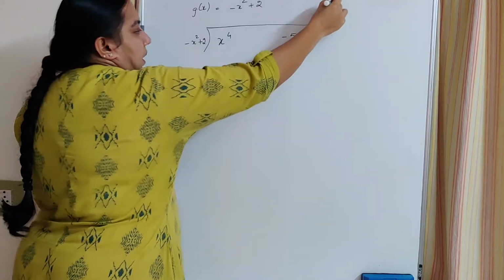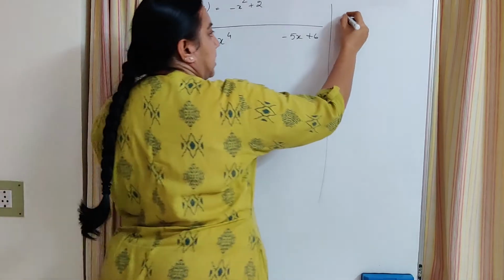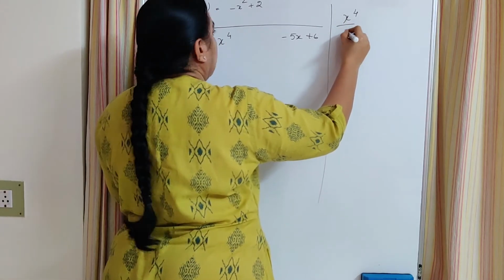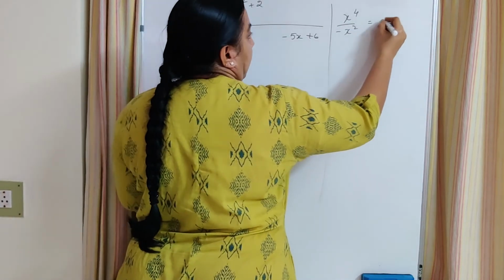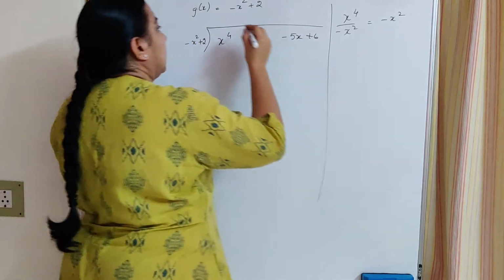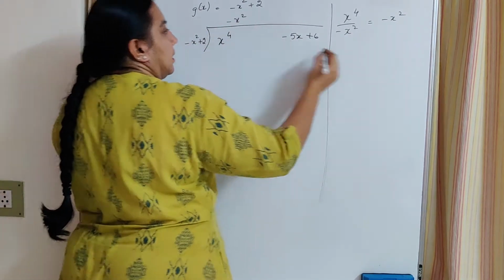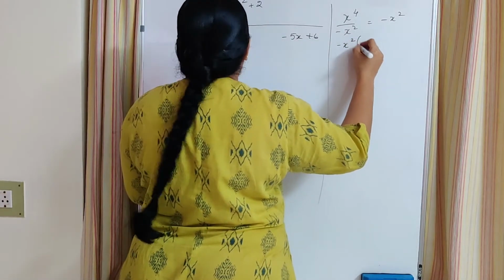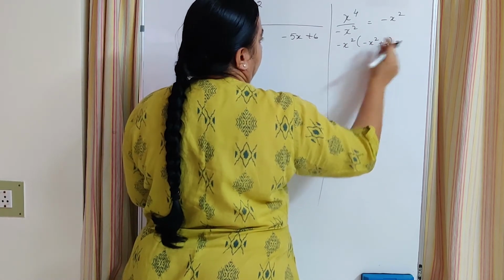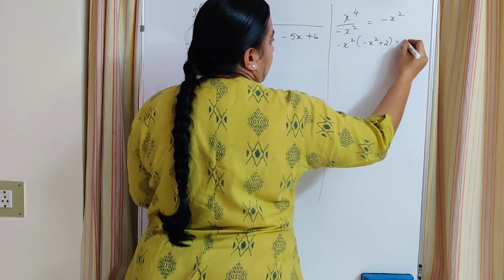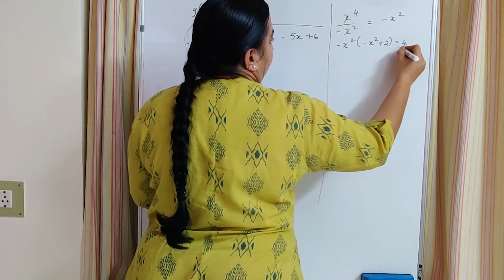Okay, now rough column, x power 4 divided by x square. Take care about the symbol, minus x square. So the answer is minus x square again. Minus x square into minus x square plus 2. When I multiply, minus into minus, plus x power 4.